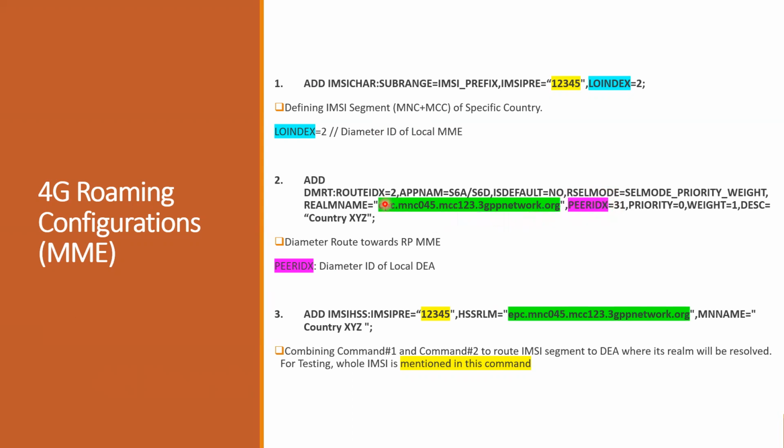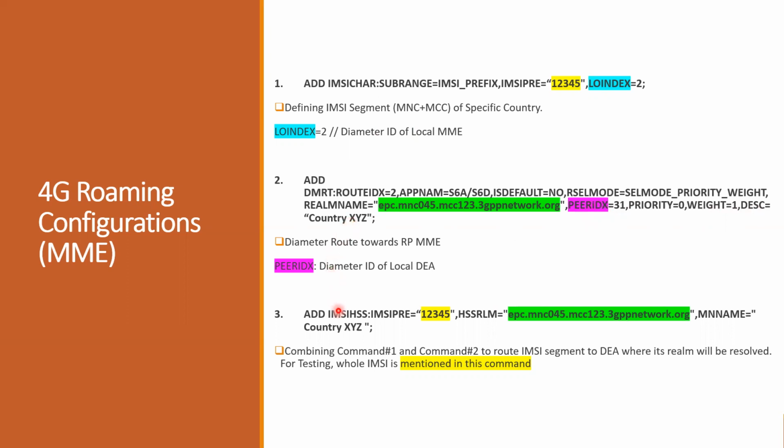So you specify in the realm name the operator MNC and MCC. You specify towards which diameter ID you need to send the request. Then you have the option of adding a description to identify which country this diameter route is defined for.